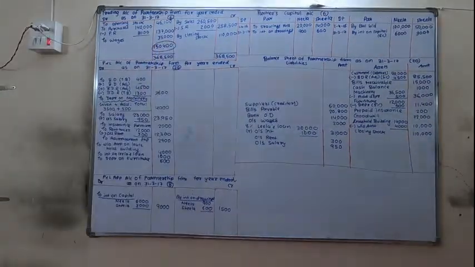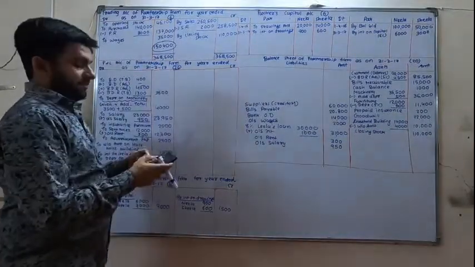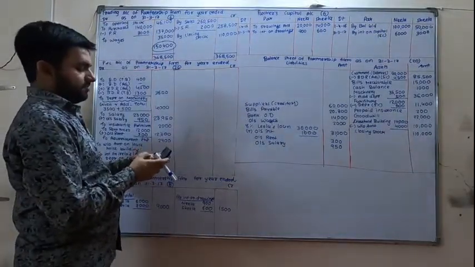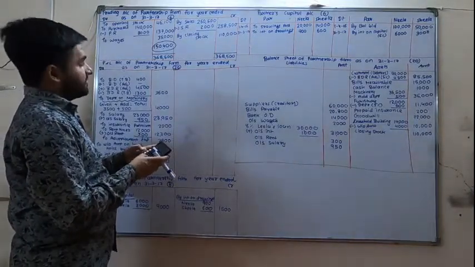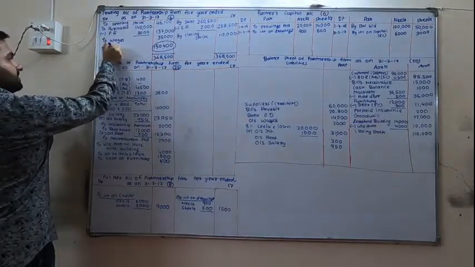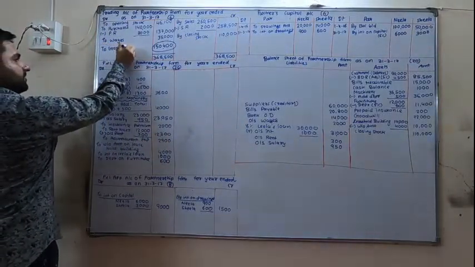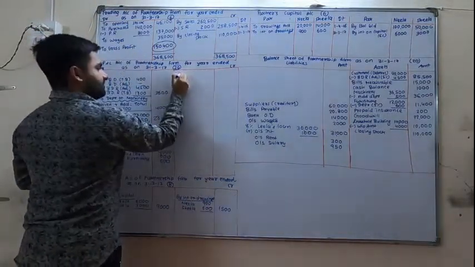So 3,68,500 minus 46,100 minus 1,37,000 minus 35,000 is 1,50,400, our gross profit. Here it is debited, here it is credited.